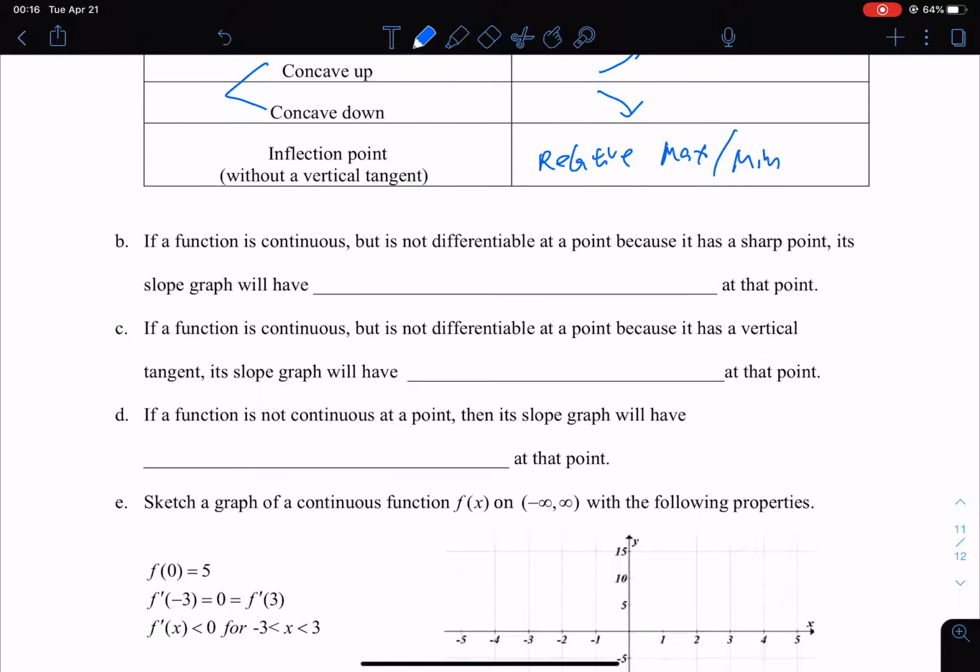And B, C, D, E. If a function is continuous but not differentiable because it has a sharp corner, then the slope graph will have a discontinuity.